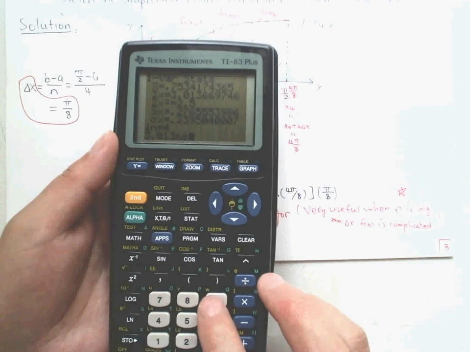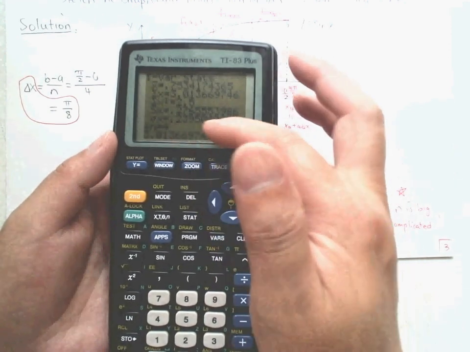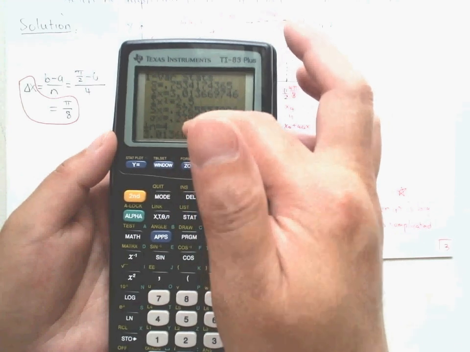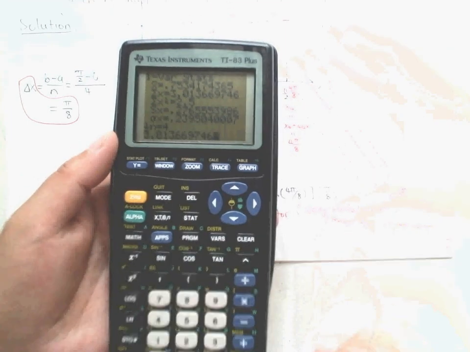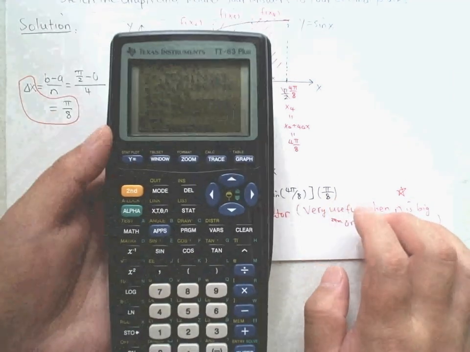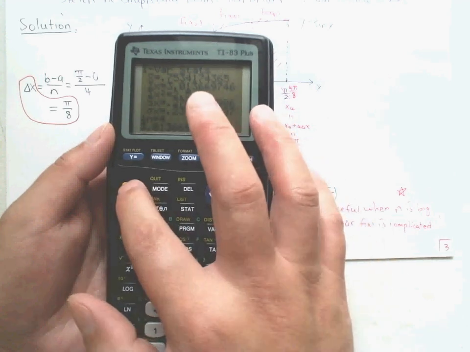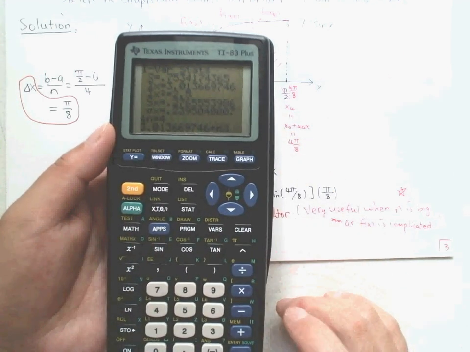Okay, let's look at it. The sum is 3.013669746. Four decimals, at least you need to leave like 5 or leave it as long as possible. Take the sum and then times pi over a.